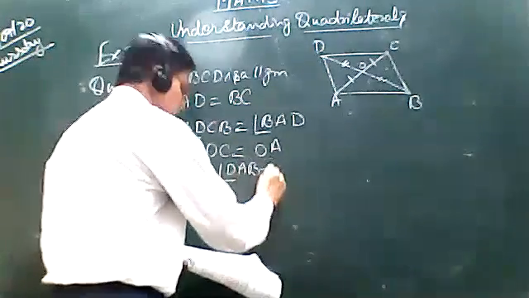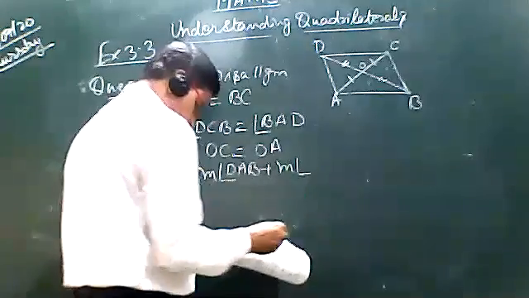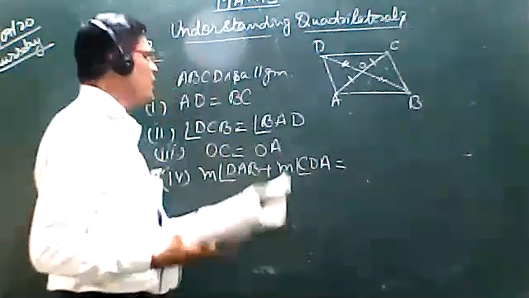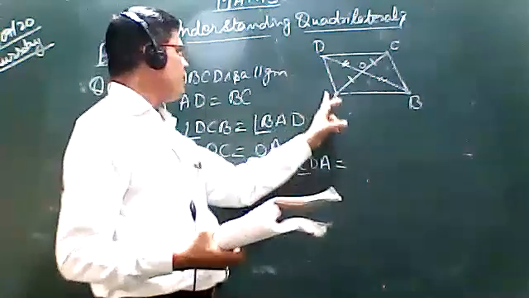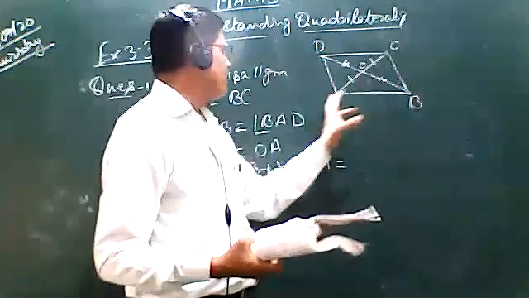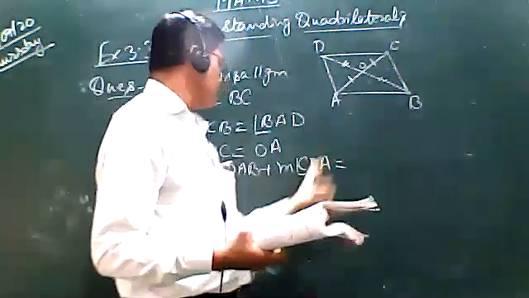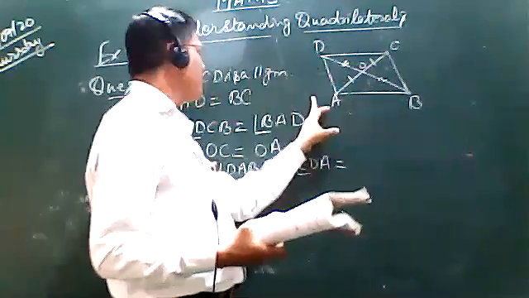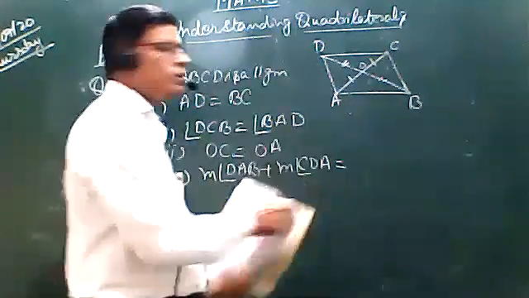And the fourth part, measurement of angle DAB plus measurement of angle CDA equals what? What is the measurement of both the two angles?